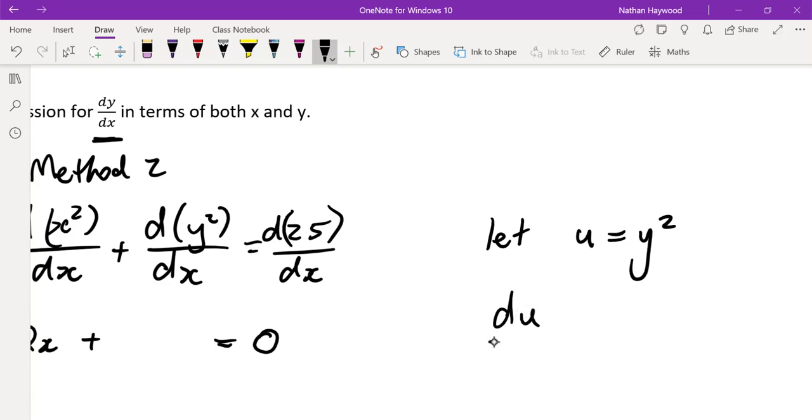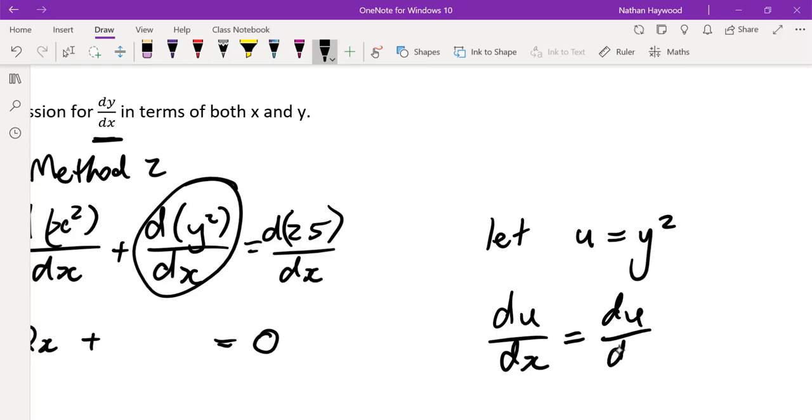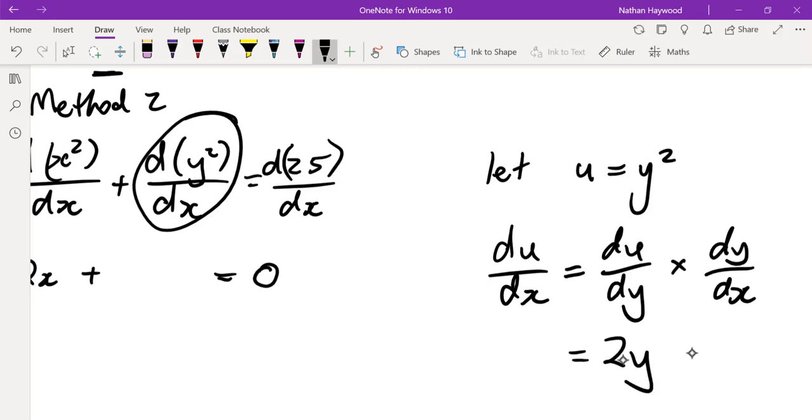So du/dx is du/dy times dy/dx, or the rate of change of the inside times the rate of change of the outside. Do you remember chain rule? 2y, very good. It's the rate of change of y in terms of x. We don't know. That's what we're trying to find out.